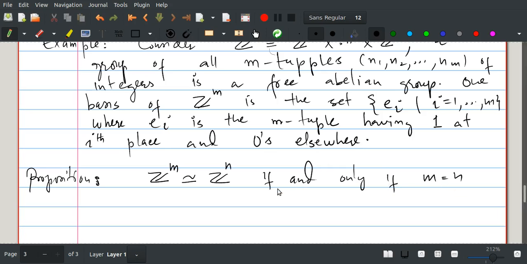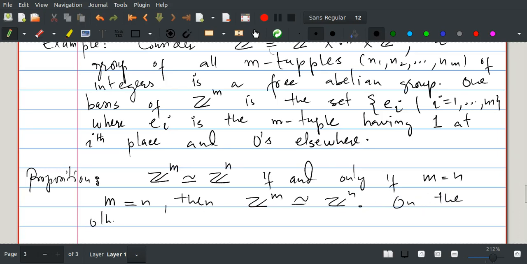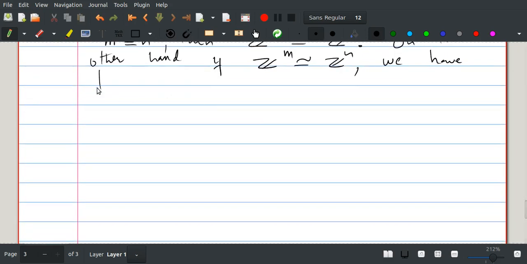Now this is true because, if m is equal to n, then Z^m is isomorphic to Z^n. There is nothing to prove. On the other hand, if Z^m is isomorphic to Z^n, we have to prove m is equal to n.